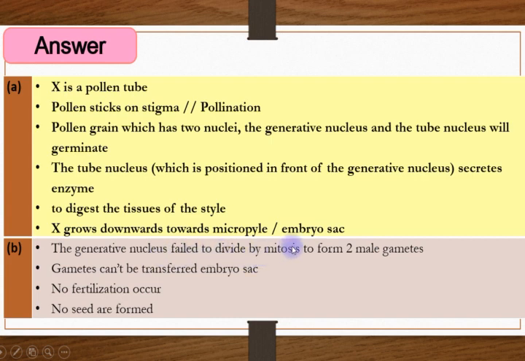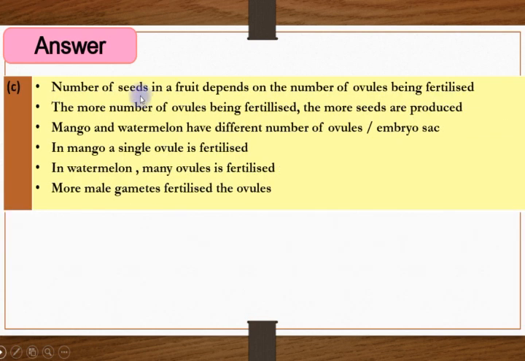The gametes cannot be transferred to the embryo sac, so no fertilization occurs. When there is no fertilization, of course no seeds are formed. So this one is already 4 marks. For A just now, there are already 6 marks. Make sure you know how to answer it. Okay, we go to the last question.